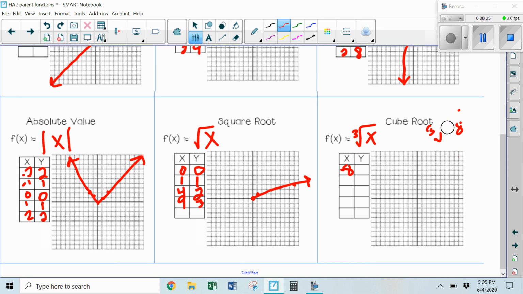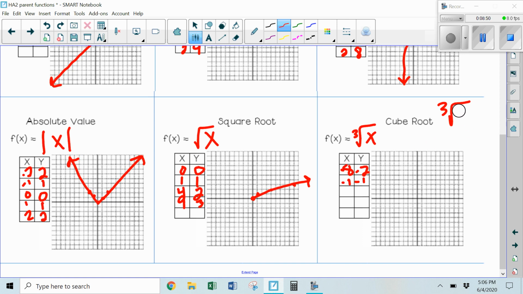So the cube root of -8 is -2. Another x value I could put in there is 1. What multiplied by itself 3 times is going to give you 1? Oh, sorry, -1. That would be -1 times -1 times -1 is going to be -1.